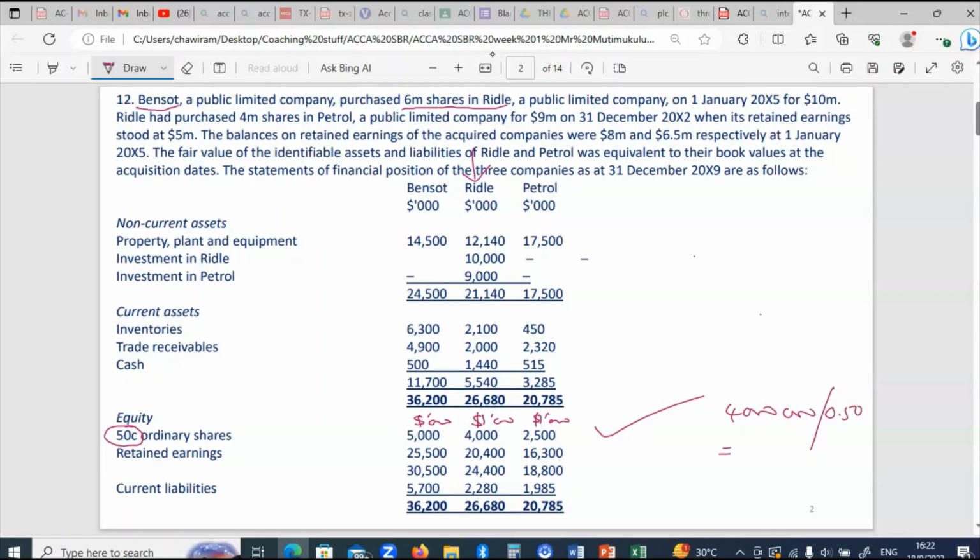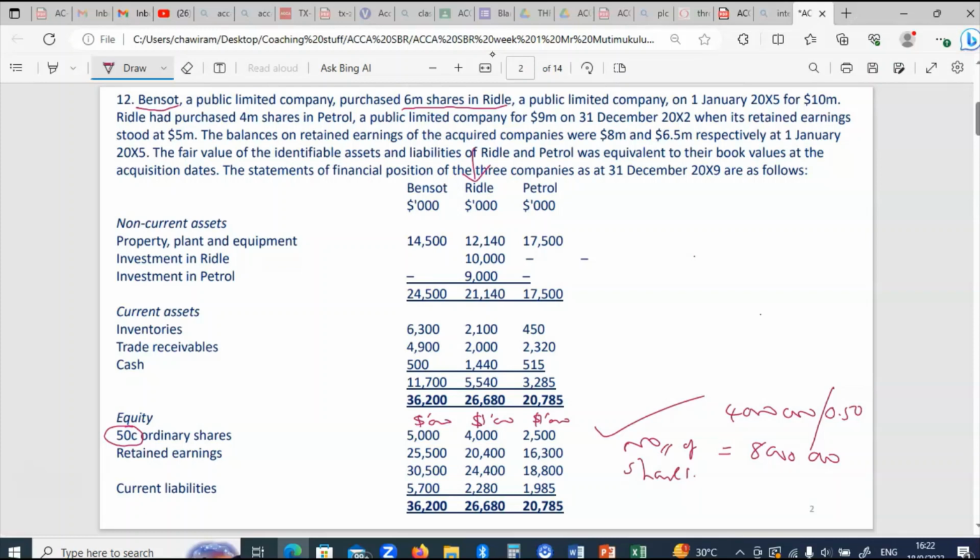So the number of shares in total is 8 million. The number of shares in Redu is 8 million.